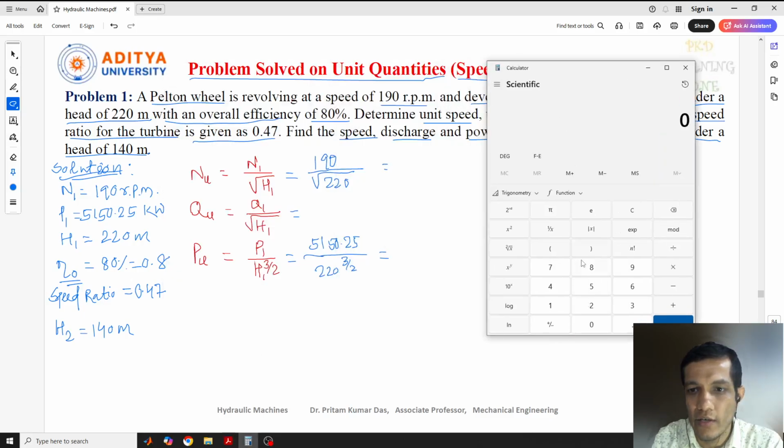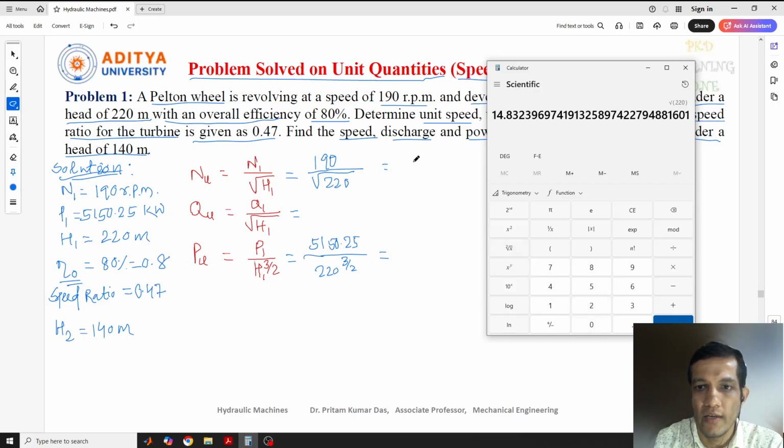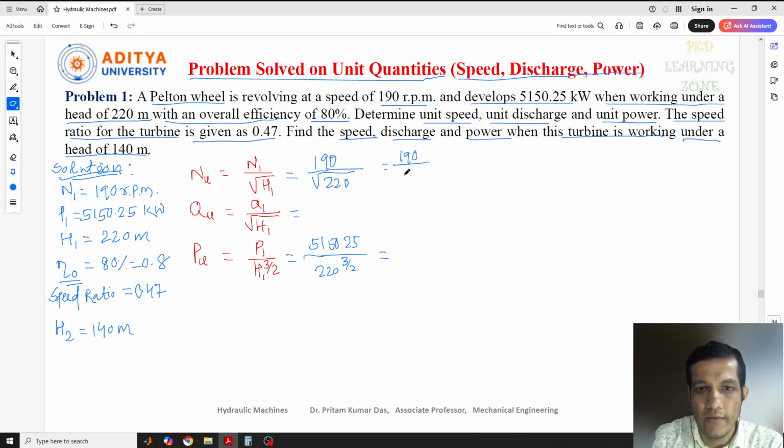Root over 220 is 14.83. So 190 divided by 14.83. Here also the same thing: root over of 220 is 14.83 for Q1, and we can put the Q1 value and find it.